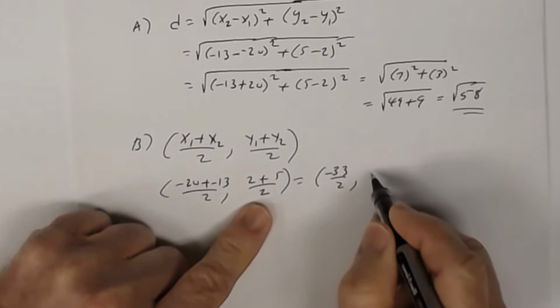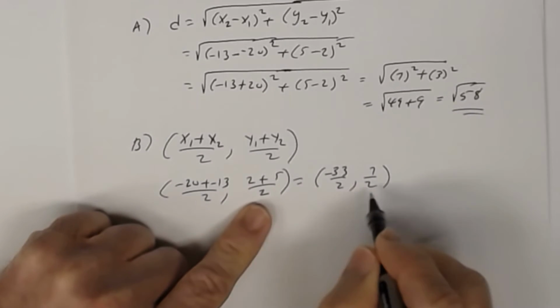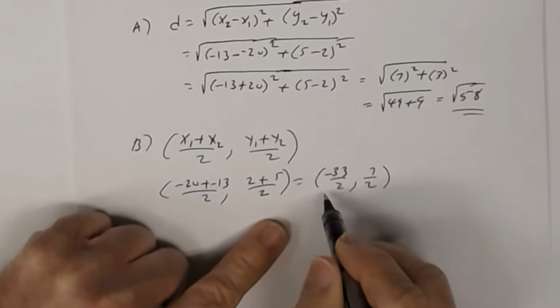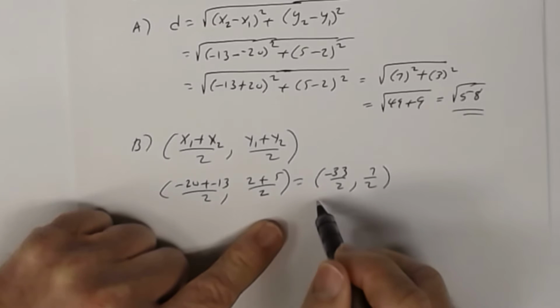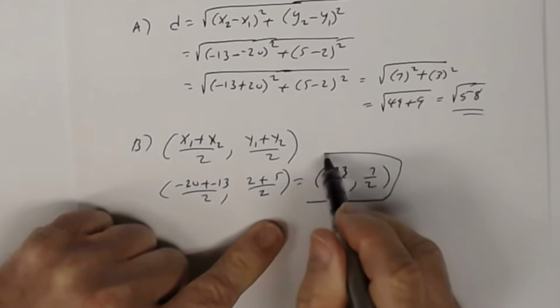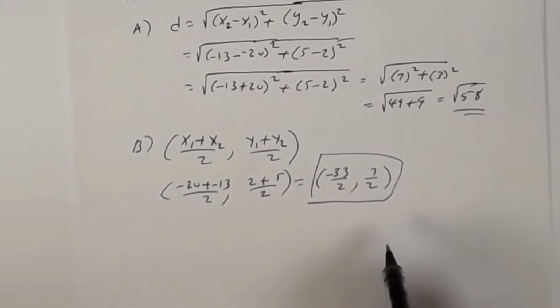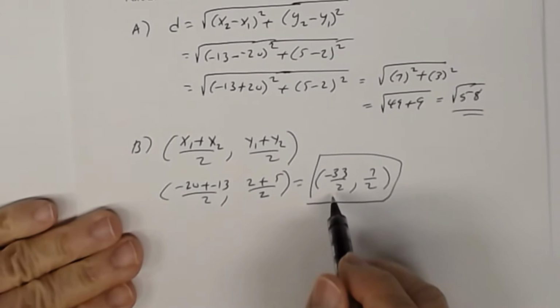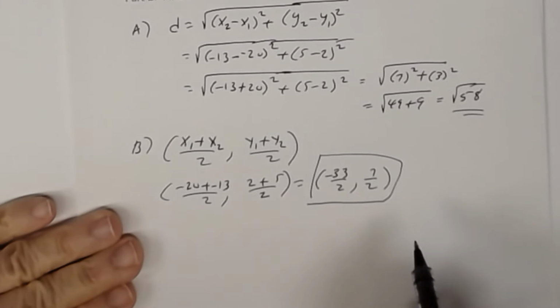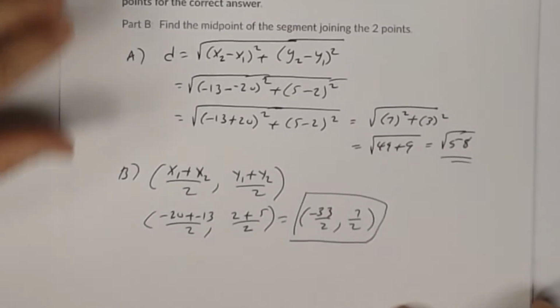And then 2 plus 5 is 7 halves. So just go ahead and leave it as a fraction. If you write a decimal, that's fine because it terminates, but sometimes when the decimals don't terminate and you round off, you're going to lose points. So just leave it as a fraction in reduced form, and negative 33 halves and 7 halves are reduced. So that's your midpoint. So that's number 5.